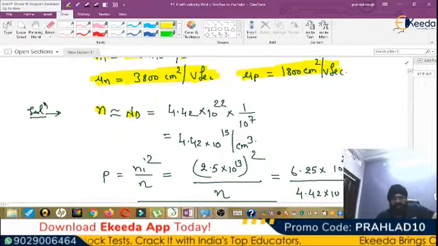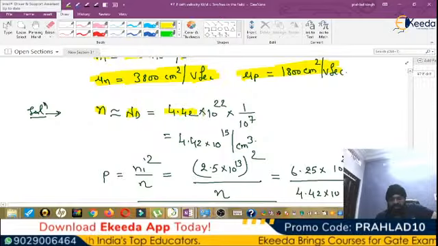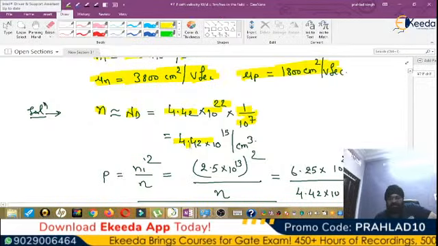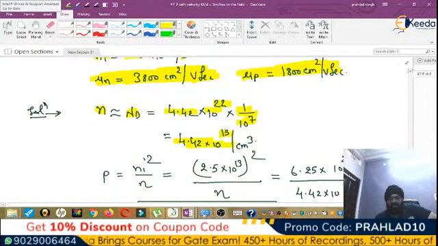The electron concentration is approximately equal to Nd because it is an n-type semiconductor, and this is 4.42 into 10 to the power 22 into 1 in 10 to the power 7, and this answer is 4.42 into 10 to the power 15 per centimeter cube.